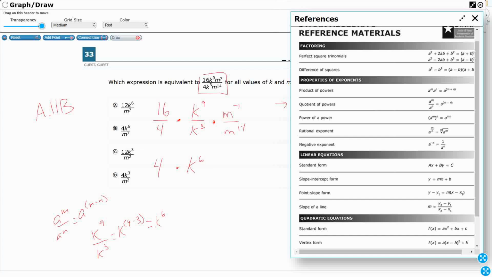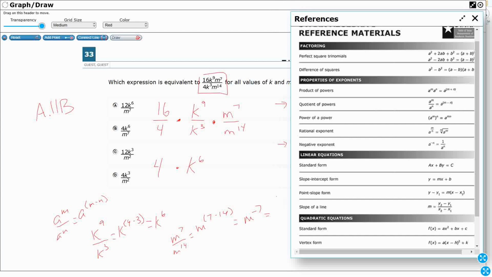And then I've got the same thing, m to the 7 over m to the 14. I subtract, so m to the 7 minus 14 ends up being m to the negative 7. Now, how do we properly display that? If it's a negative exponent, it's 1 over.